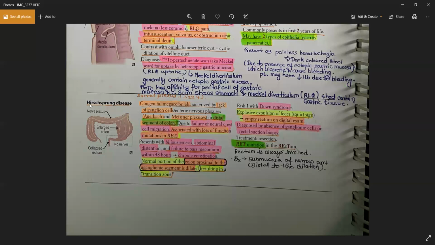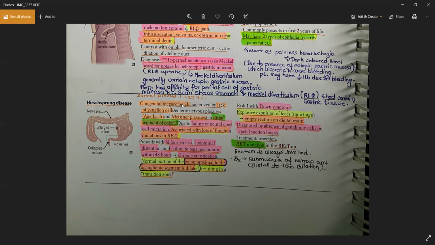So now comes Hirschsprung's disease, which is a congenital megacolon. Now, what's happening? You have the neural crest cells, and if you remember, we discussed that the neural crest cells form the peripheral nervous system of your body. So every Auerbach's plexus, or myenteric plexus, or Meissner's plexus that you see is made up of neural crest cells, and they need to migrate into the GI tract.